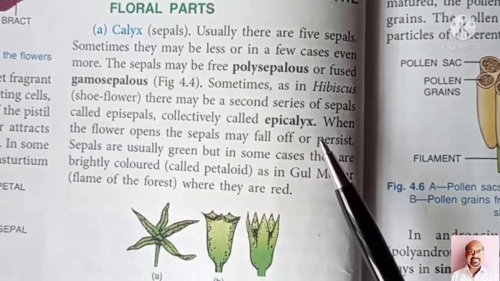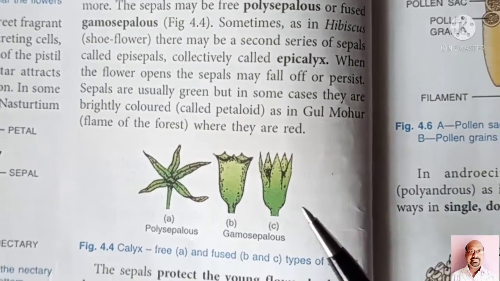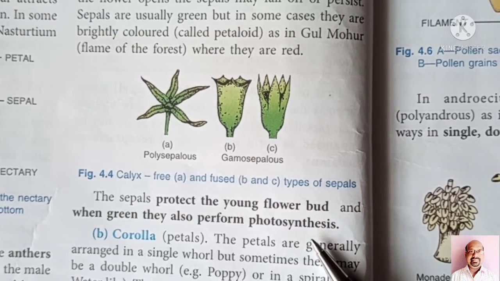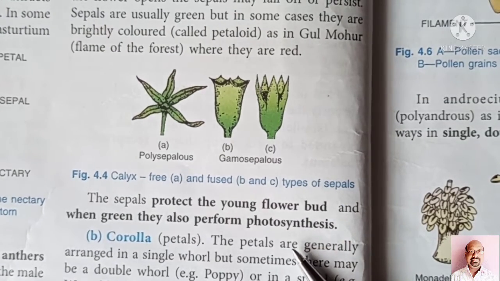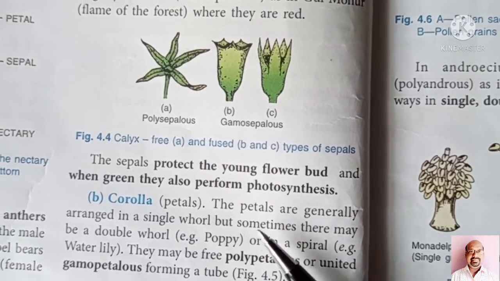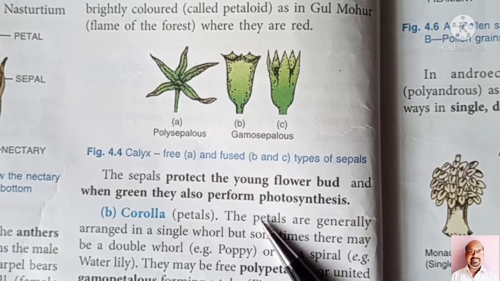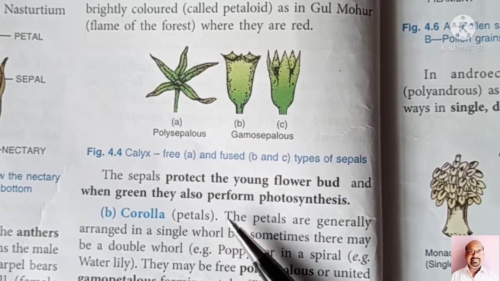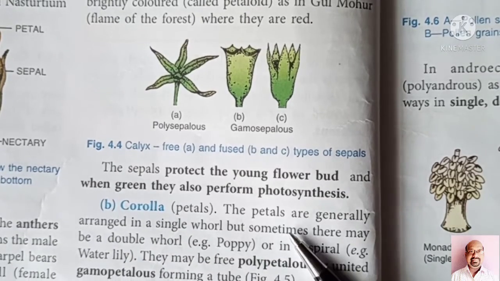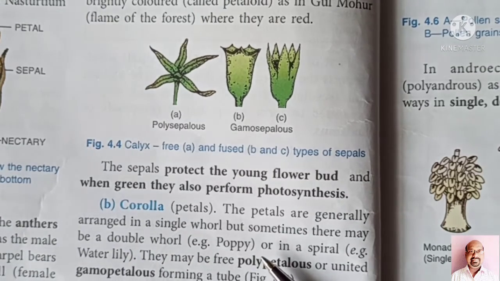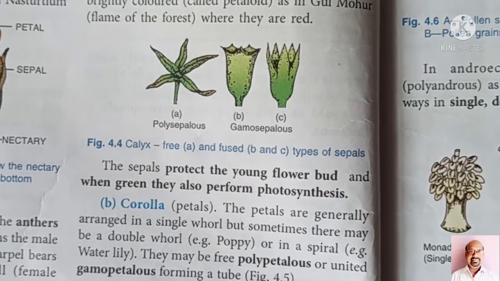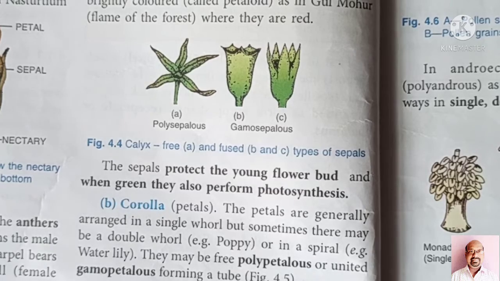The calyx is responsible for providing protection to the flower at the bud stage, and when it is green, it also performs the process of photosynthesis. Now the next is petals. Separately they are called petals, collectively they are called corolla. Similarly, the corolla may also be found in a free or fused state.